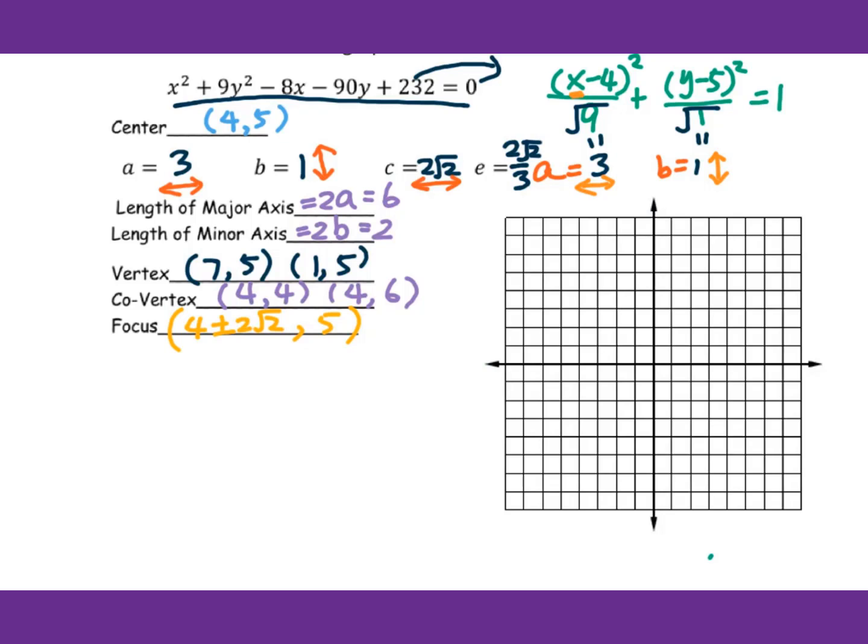Now sketch the graph. We have 4, 5. It's here. For A, that's horizontal, so move to the left 3 and right 3. For B, let's go up 1 and down 1. So I connect these 4 points.